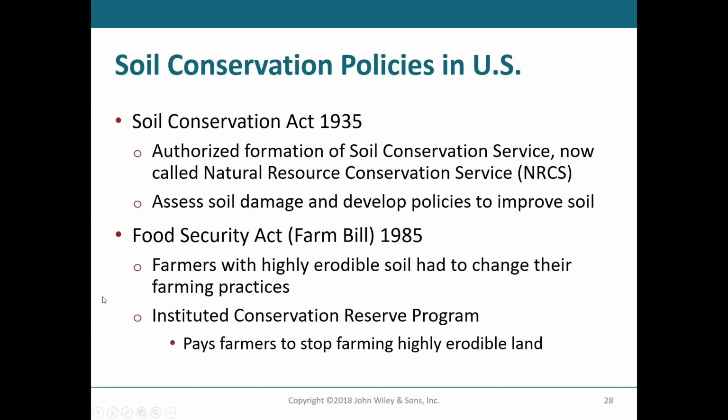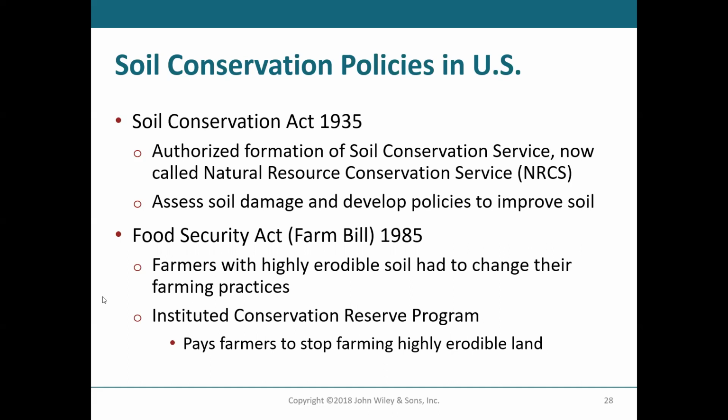Soil conservation policies in the United States. Well, first we have the Soil Conservation Act of 1935, which, as I explained to you, was a consequence of the American Dust Bowl and brought about the Natural Resource Conservation Service, and they assess soil damage and develop policies to improve soil.